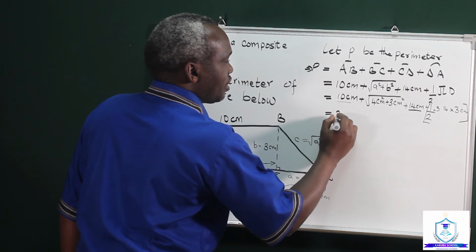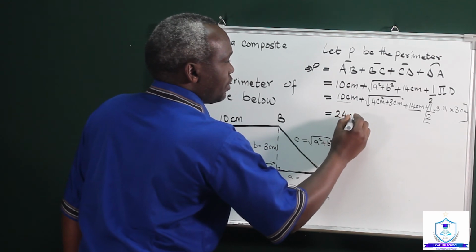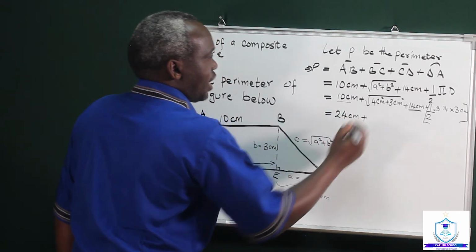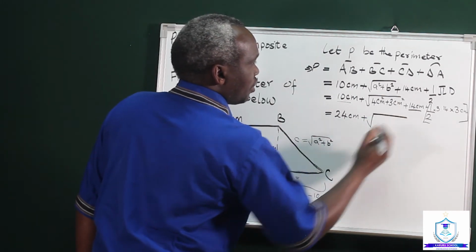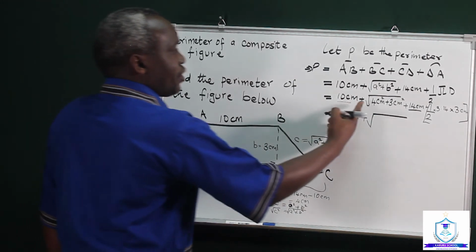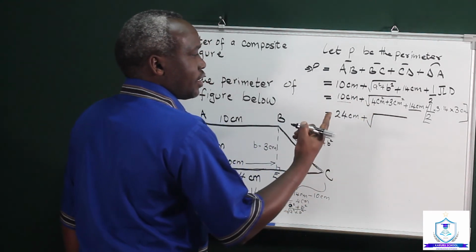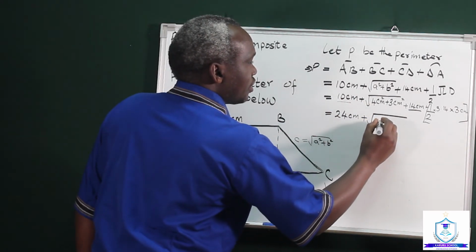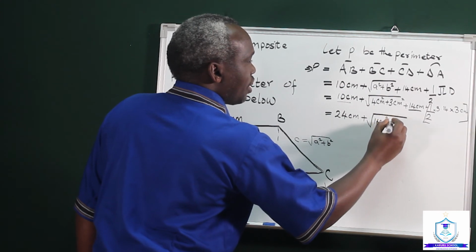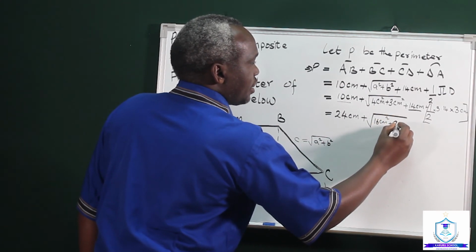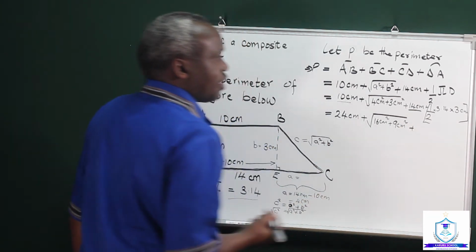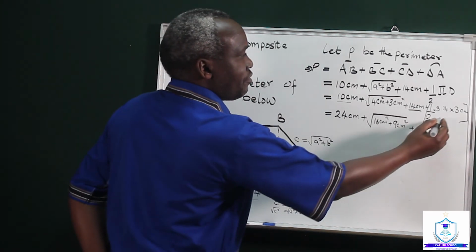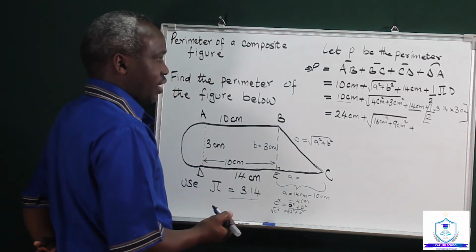This would give us 24 centimeters plus the square root of 4 centimeters squared, which is 16, plus 9 centimeters squared, plus we can simplify what is inside the bracket.